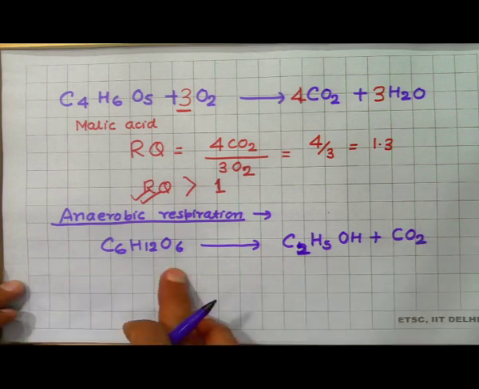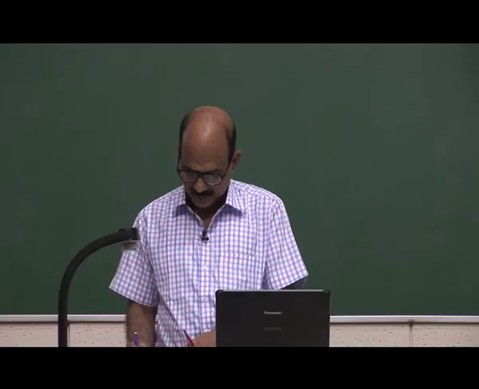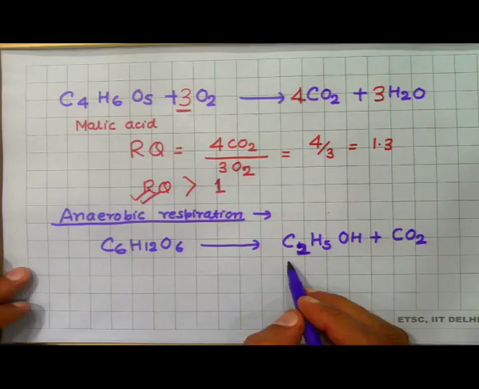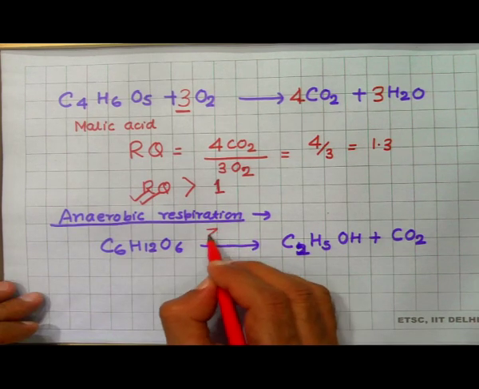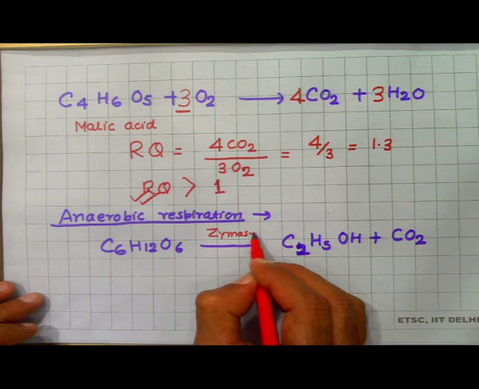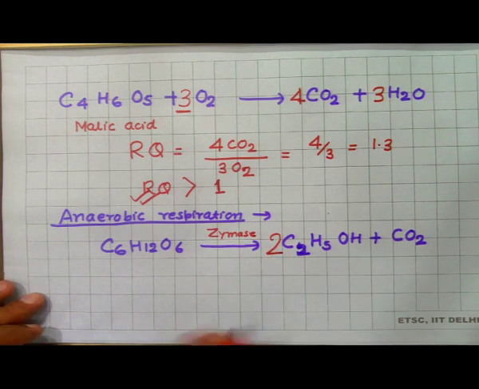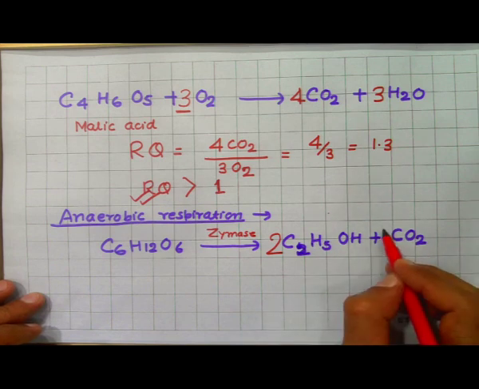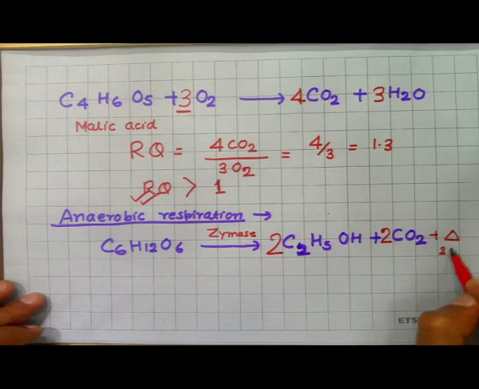Here there is no use of oxygen. So this type of reaction is called anaerobic respiration, where for the oxidation there is no need of oxygen. When we balance this, the reaction takes place with the enzyme zymase. 2 molecules of ethyl alcohol and 2 molecules of carbon dioxide are formed, and ATP is much less, that is 2 ATP is released in the case of anaerobic respiration.